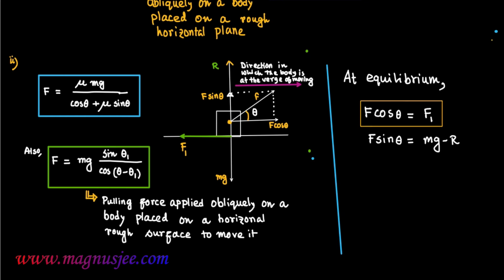We get the expression of two rectangular components of the pulling force F, that is F cos theta is equal to FL and F sin theta is equal to mg minus R, and also mu is equal to tan theta L, where theta L is the angle of friction.